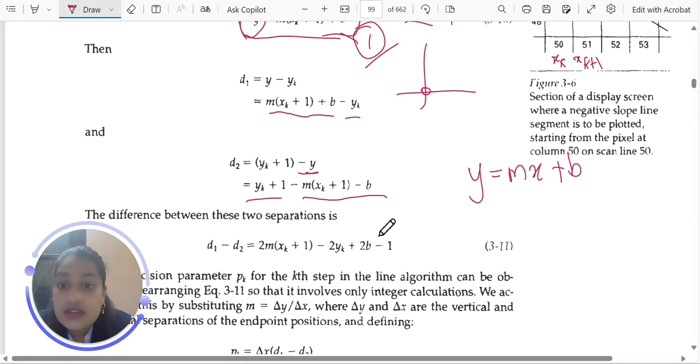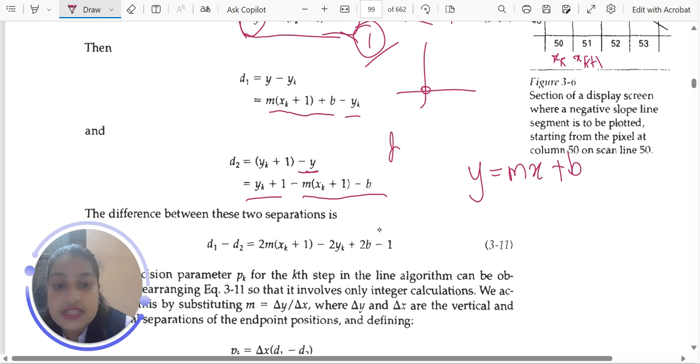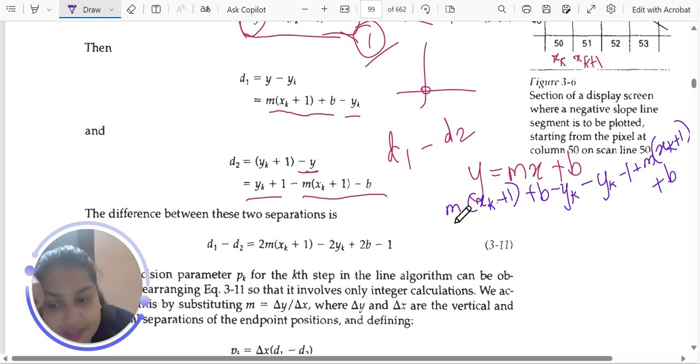Now we will take the difference of this, that is d1 minus d2. So over here I have expanded it and written, that is m xk plus 1 plus b, and then after opening the bracket, negative values will be there. Then we have m xk plus 1, m xk plus 1, that is 2 m xk plus 1, minus yk and minus yk, so that is minus 2 yk, and we have b and b, 2b and minus 1.